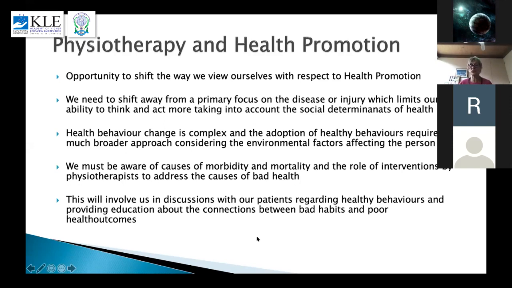What are their understandings of health? So we need to shift away from that medical model, if you like, of just looking at the disease or the injury and look at the social determinants of it, because we know that they are such enormous factors that are causing, if you like, the chronic diseases in particular and injuries.